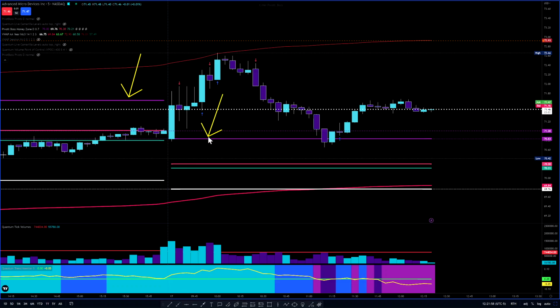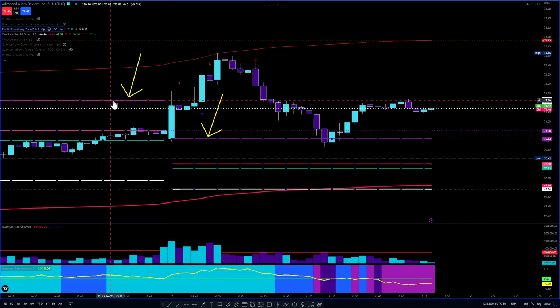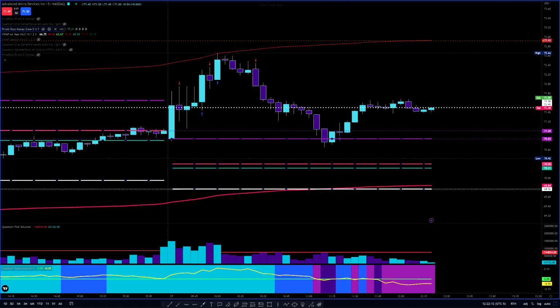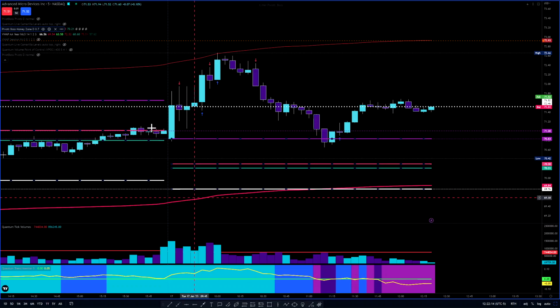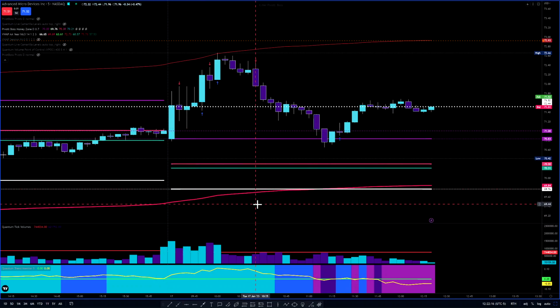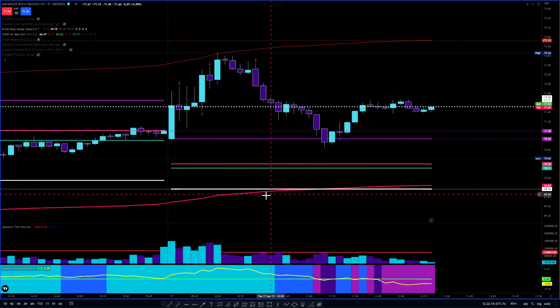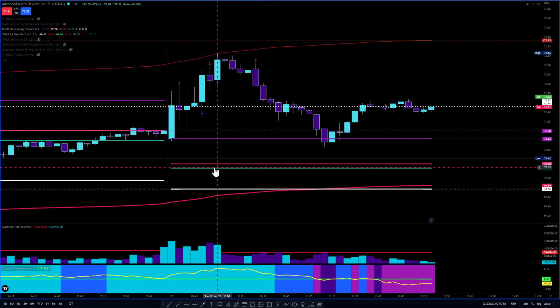It moved down to 70.83. On the previous day, it was approximately 71.66. So that's an overlapping lower value relationship there on the money zone. So that's suggesting that it's moderately bullish.